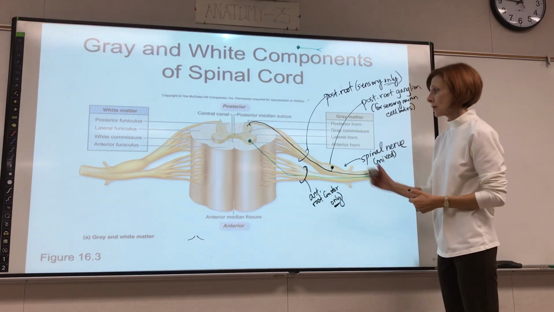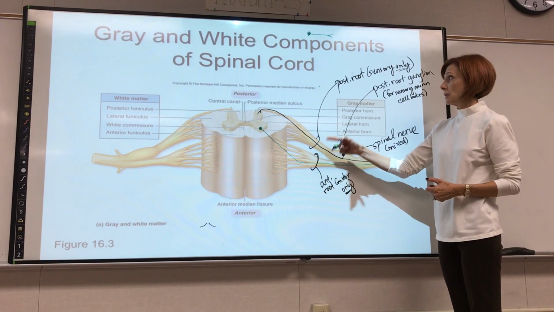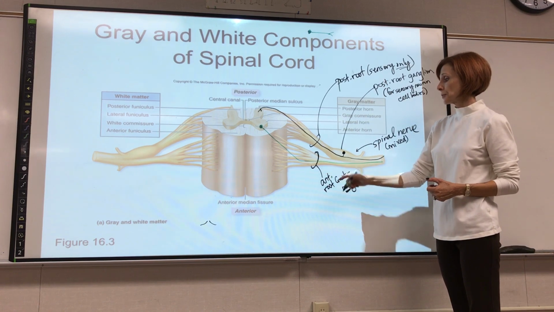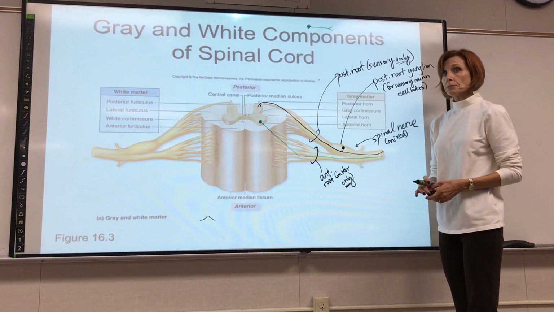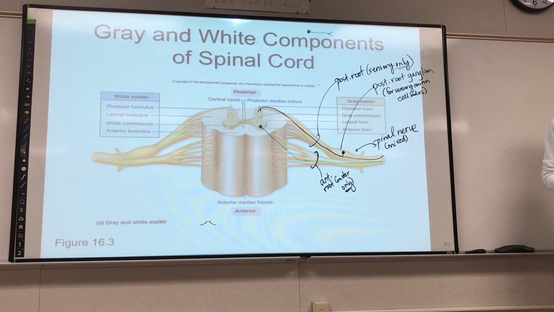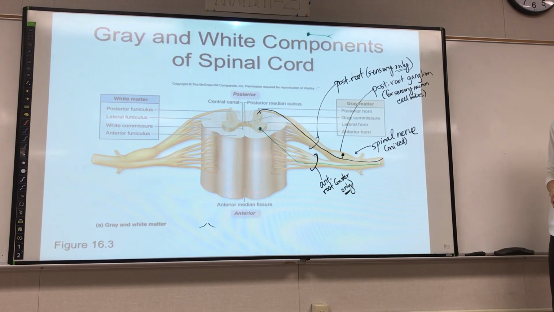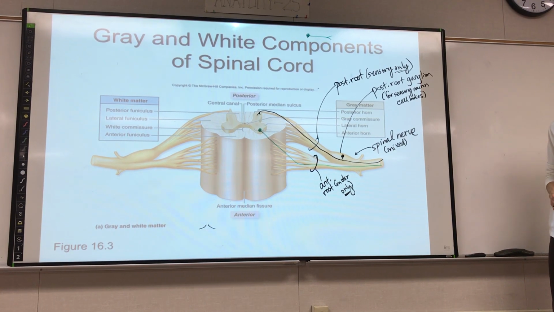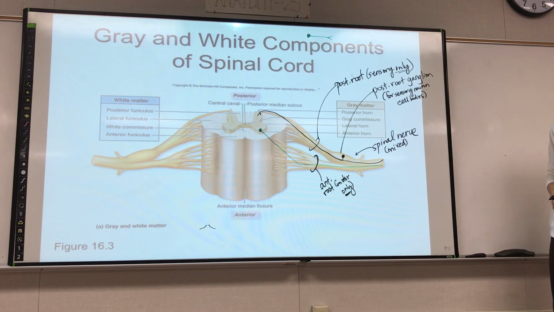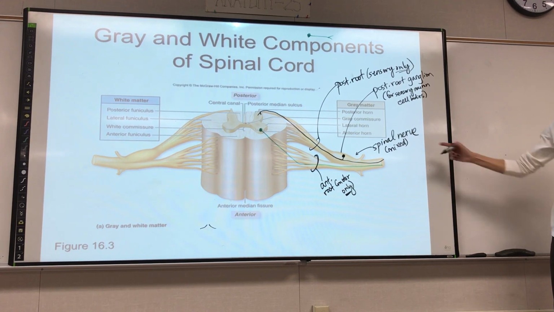So the posterior root is sensory. The anterior root is motor. And the spinal nerve is next.